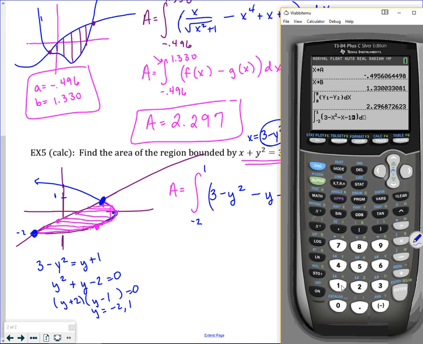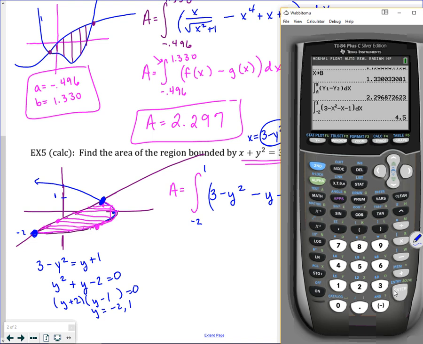Again, I could have combined that to be 2, I know, but I'm just being a little lazy here. And I hit enter and I get 4.5, and so my area is 4.5. So yes, when you're doing dy and using the calculator, I have it on my paper as y's, but in the calculator I type in x's.